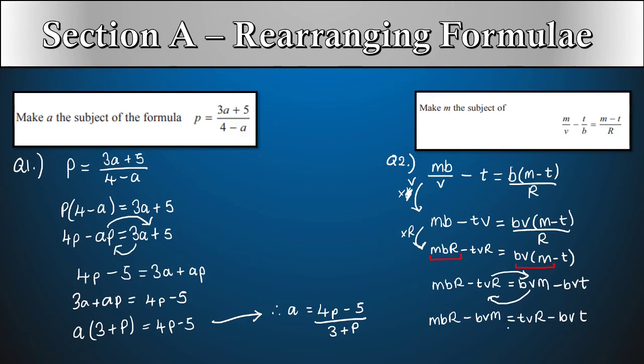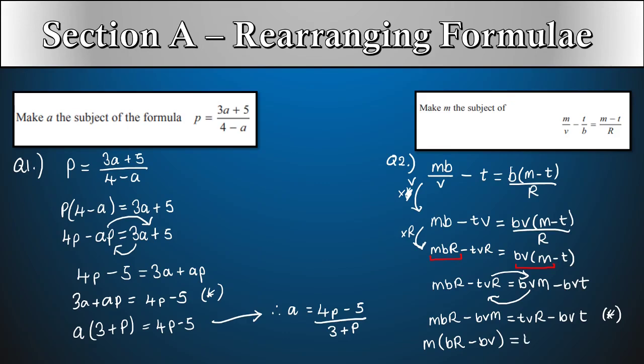So at this line here, we're essentially at the same line as on the previous question. So all I need to do now is factorise m out of my left hand side. We've got no m's on this side, so that's good. Factorise an m here, and then just divide through by the remaining expression. So that'll be m bracket, so this will be br, because m times br gives me mbr, and then here we'll have a minus bv.